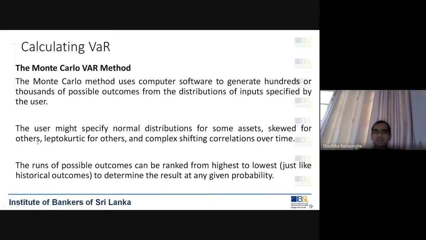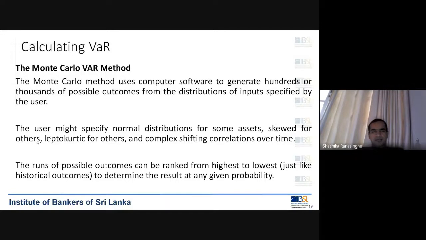The Monte Carlo value at risk method. Monte Carlo is a computer intensive mechanism of calculating value at risk. Monte Carlo method uses computer software to generate hundreds or thousands of possible outcomes from the distributions of inputs specified by the user.